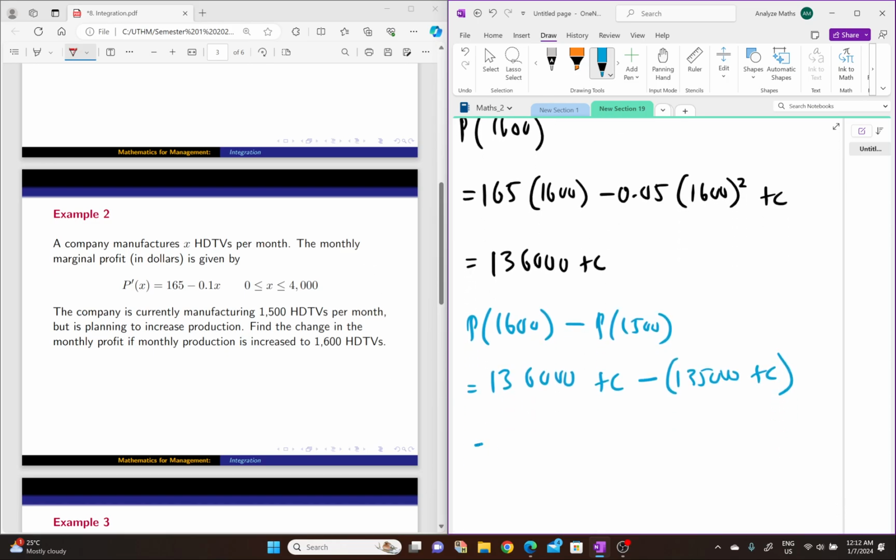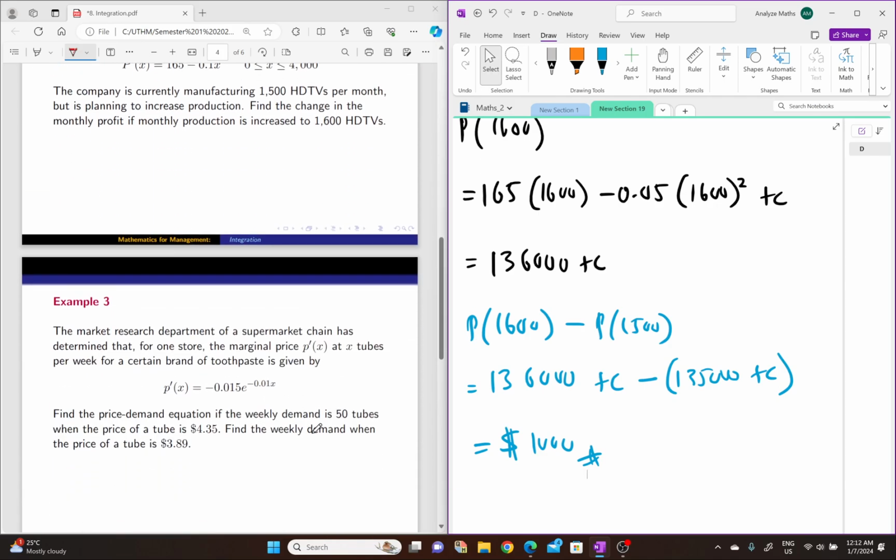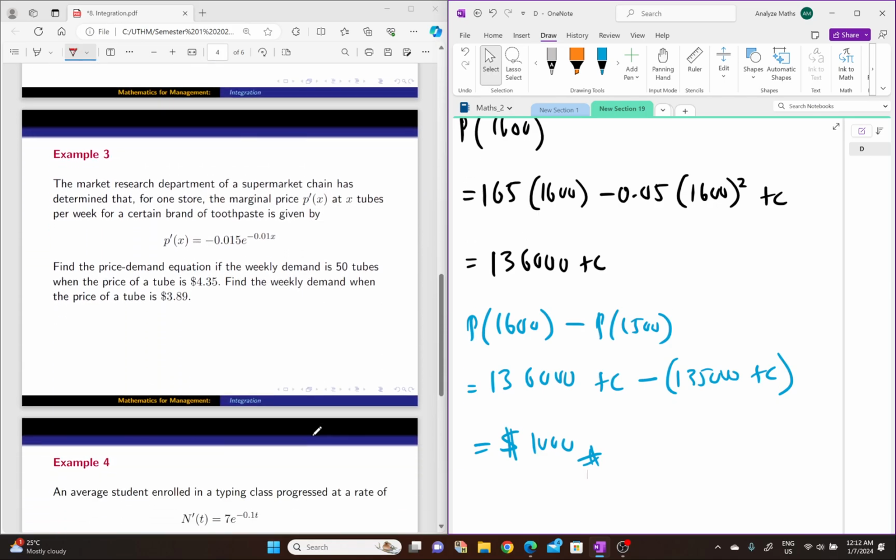We will get $1,000 increment. That's how we do. So basically, again, we have to find the profit function, and this is how we answer example 2.